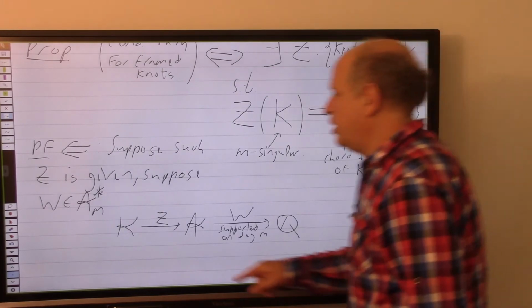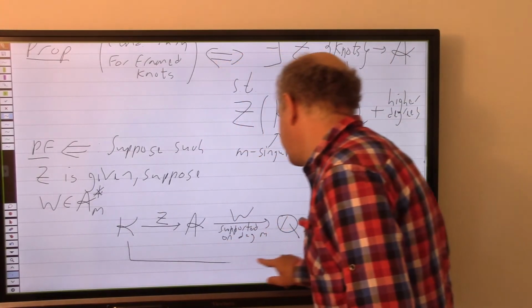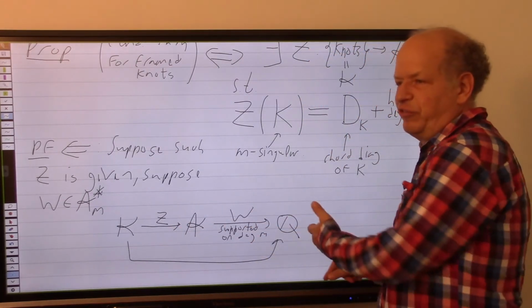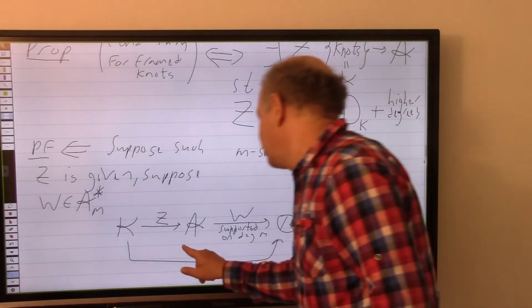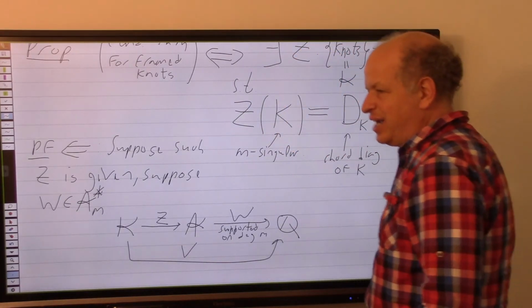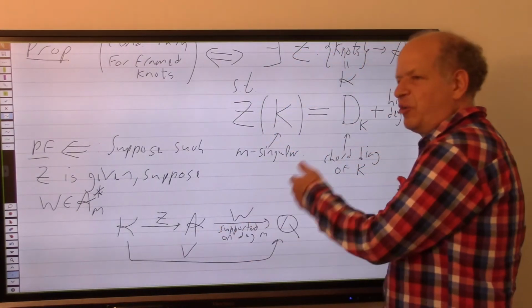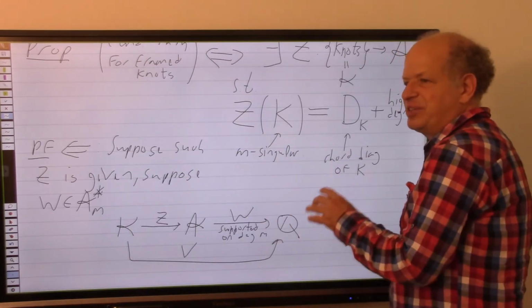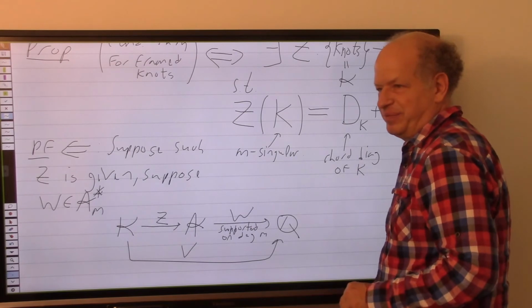Okay, maybe I should give it a new name, W extended. Okay, but anyway, the composition of these two maps is a knot invariant with values in the rational numbers. So let's call this invariant V, and I claim that the weight system of V is W. I claim that V is what you wanted.